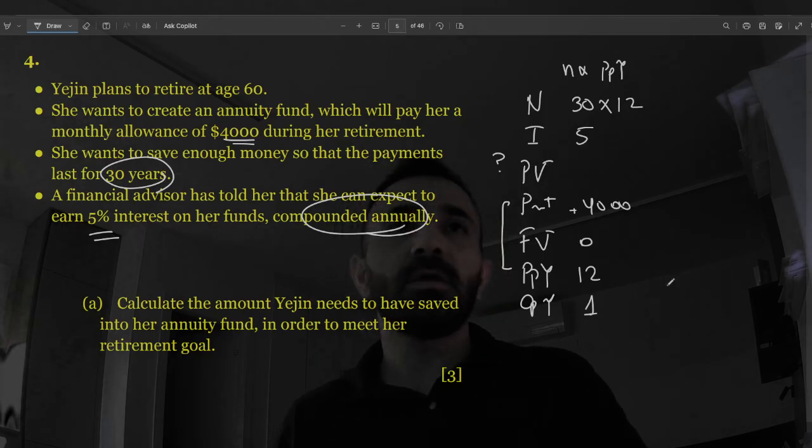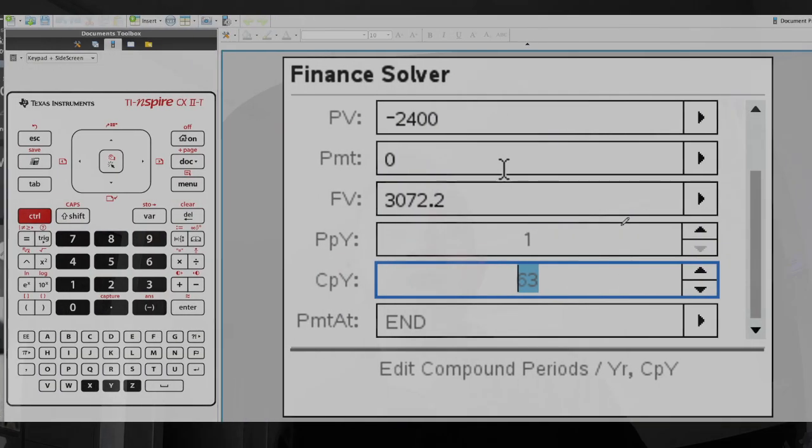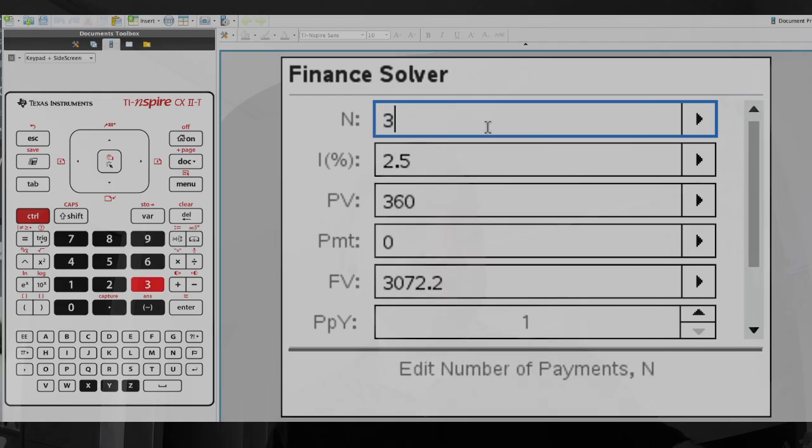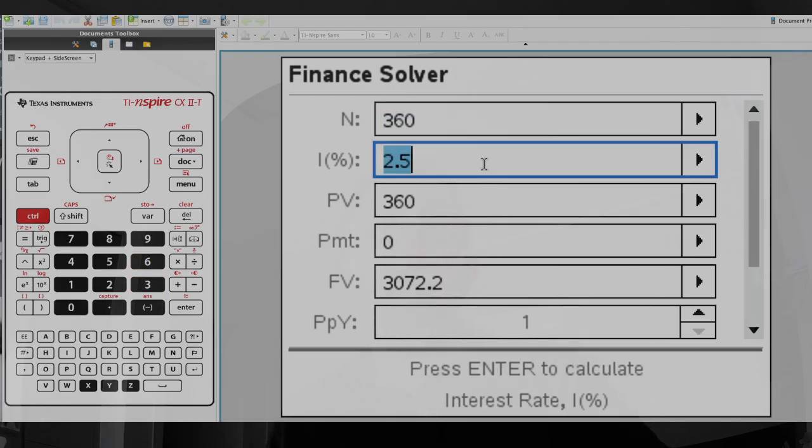Present value. So I'm going to put these values into the calculator. 30 times 12 gives you 360. Interest rate is 5%.